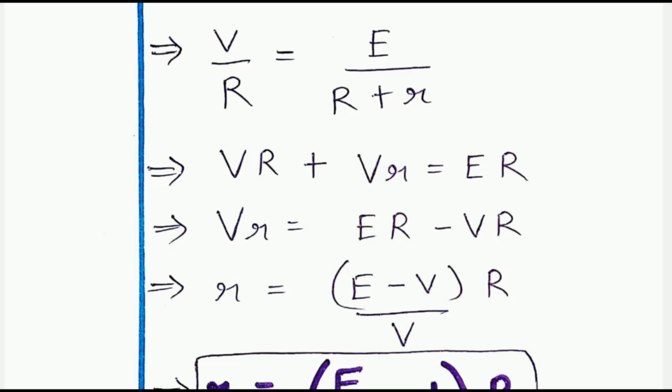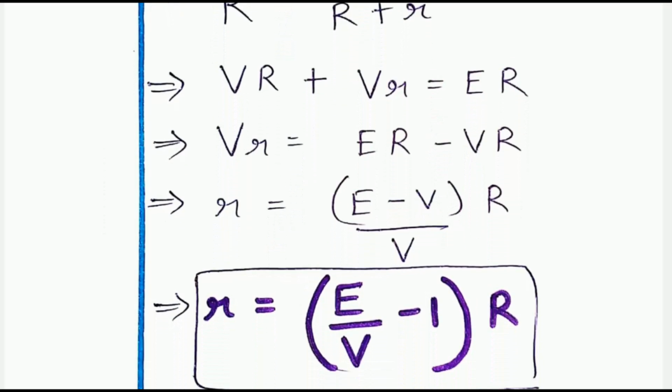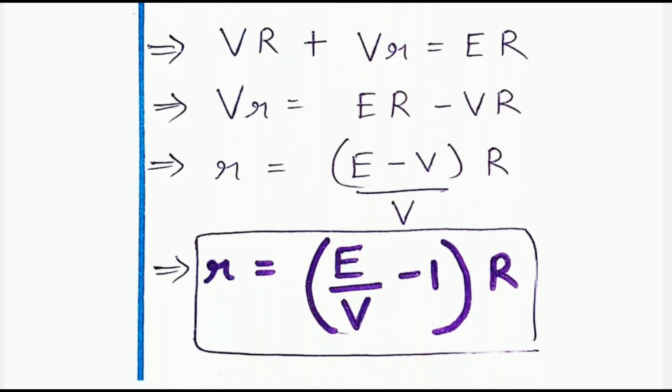Upon cross multiplying and simplifying, we get the relation for small r as r = (E / V − 1) R. So the internal resistance can be known if you know the value of the EMF of a cell, its terminal potential difference, and the resistance of the outer circuit.